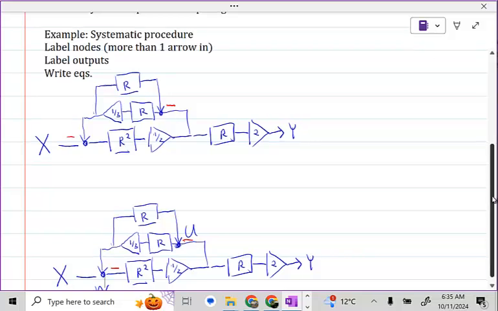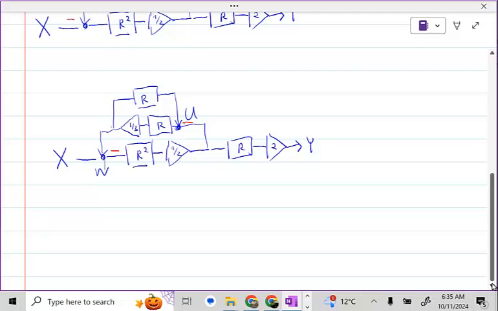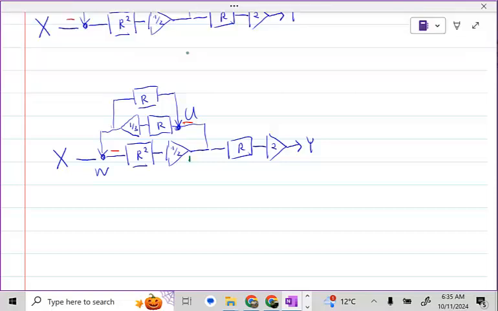So now let's go ahead and we'll label the outputs. All right. So what do we have here? We don't have to label all the outputs really, but just the ones that are helpful. You can probably get away without labeling outputs as you gain more experience. Okay, but what I have out here is going to be 1/2 r squared w.